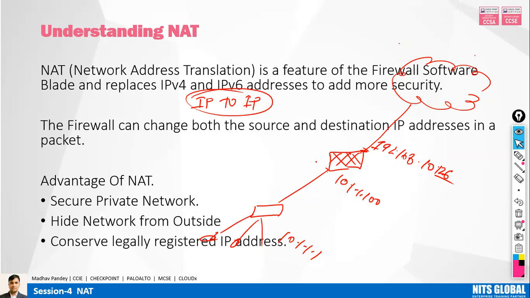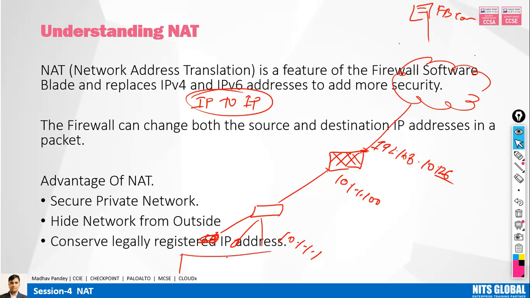All right. So an example of what I was saying: when any internal computer sends a packet to an external computer, your firewall translates the source IP address to a new one. This computer has the 10.1.1.1 IP address. So when this computer wants to go to the internet, maybe facebook.com, how would that packet look?